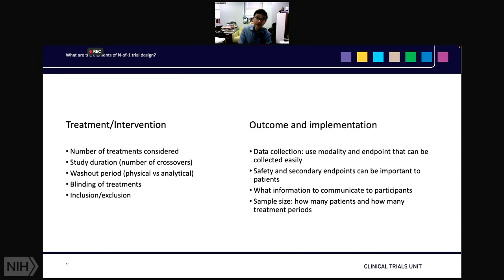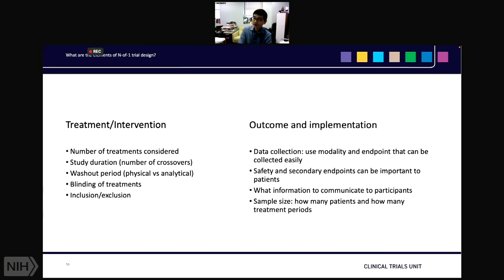And again, we don't want to impose too much burden on patients. I have not seen any study that tests more than 4 treatments in an individual. So this is something that we need to bear in mind: the more treatments that we consider, the better chance we find something good, but it also imposes additional burden on the patients.